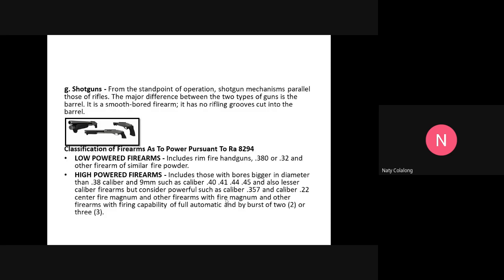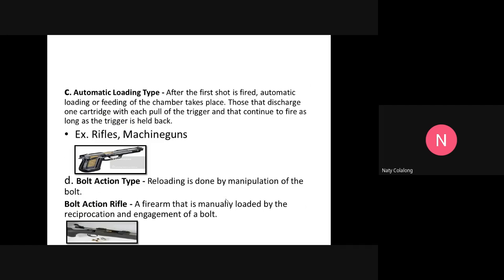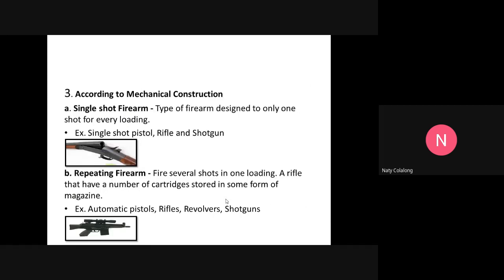So this shotgun, machine type, lever action, automatic loading type, and single shot firearm are classifications of firearm according to mechanical construction.